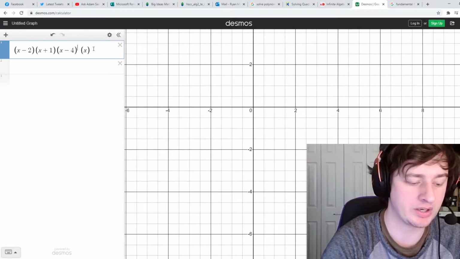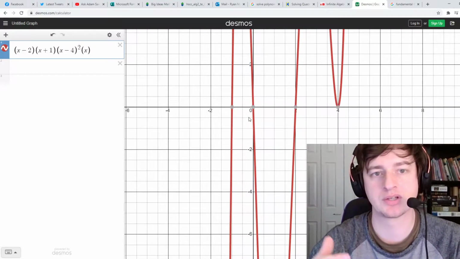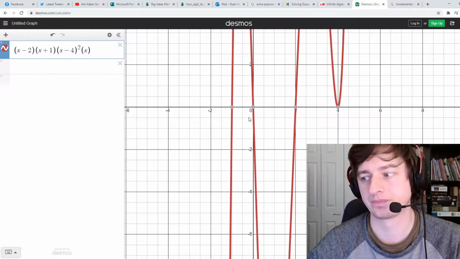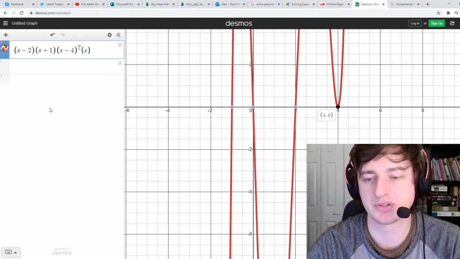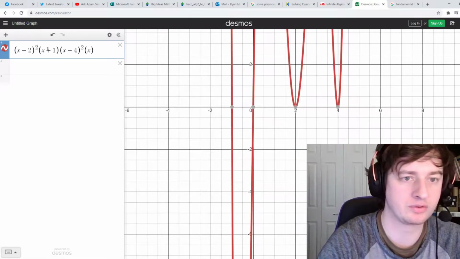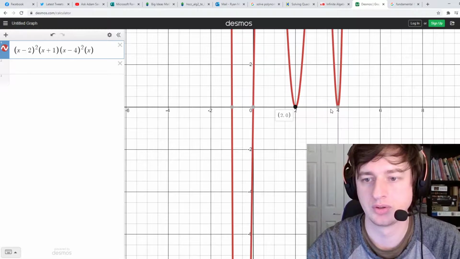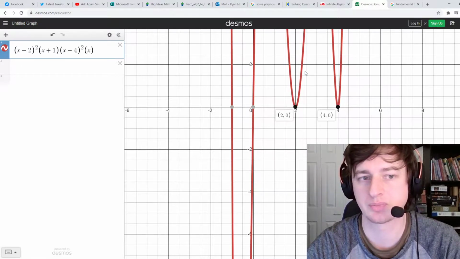If I square x minus 4, not only does the function get steeper because now we're squaring bigger numbers, it bounces at the 4. And it might bounce over here too, at 2.